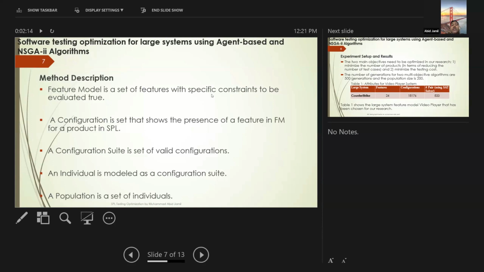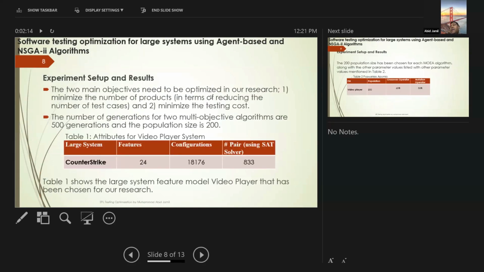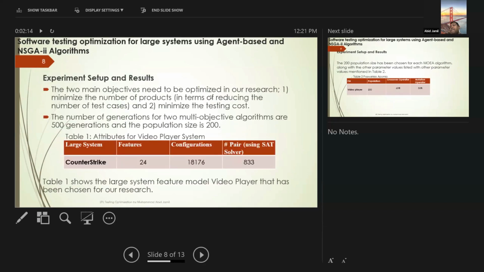If we go to slide number 8, we discuss our experiment setup and results. We have two main objectives in our research article to be optimized. Number one is to minimize the number of products, in terms of reducing the test cases, and to minimize the testing cost.